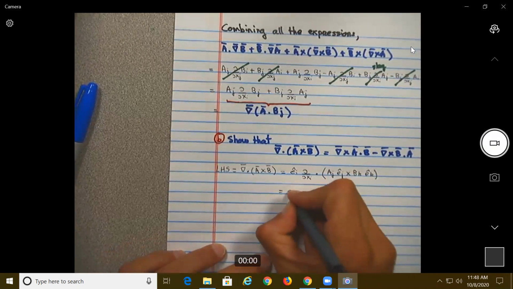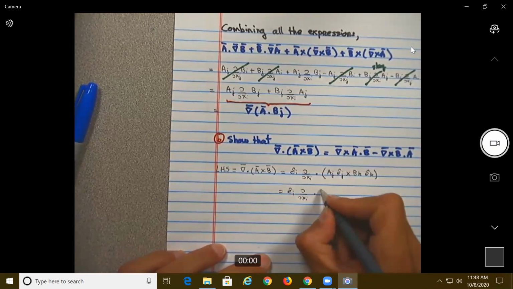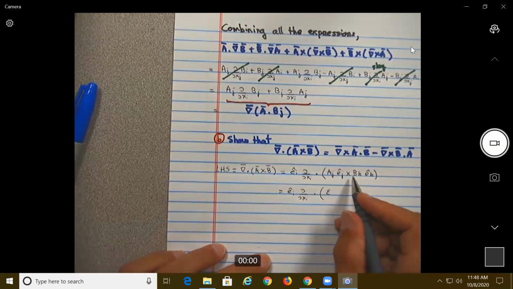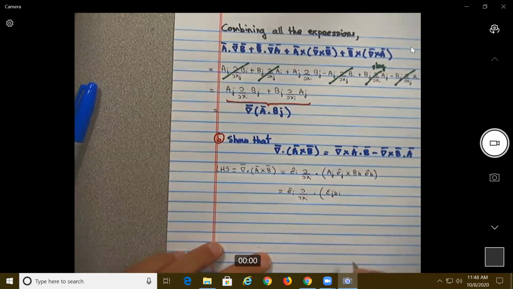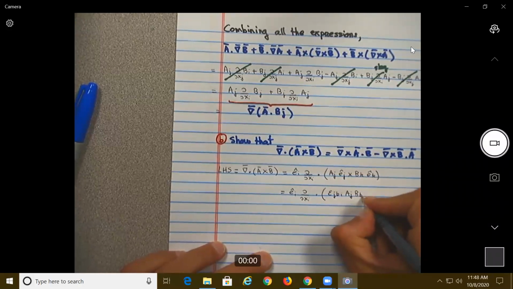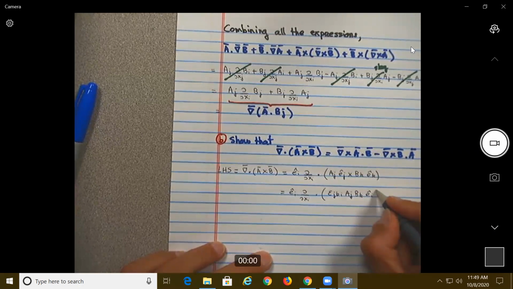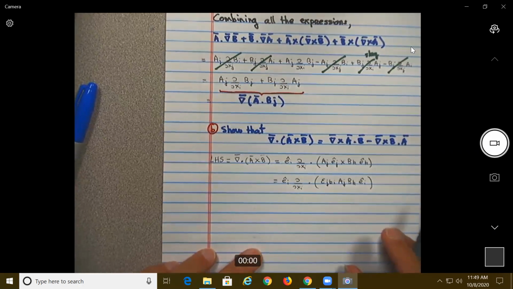So this will be ei partial xi of epsilon jk, and looks like I use i for that one, so it will be aj bk and ei, which is convenient because I do ei and ei, which is the appropriate one, no?